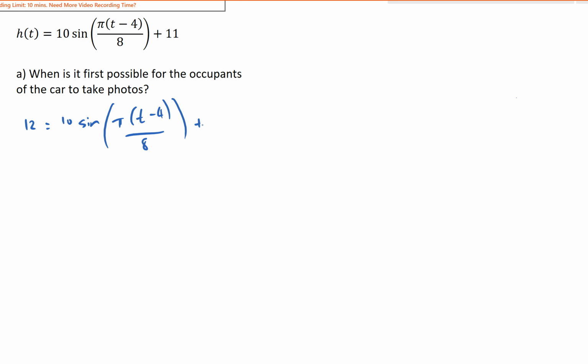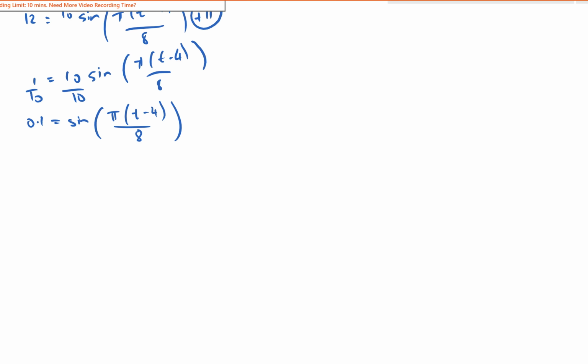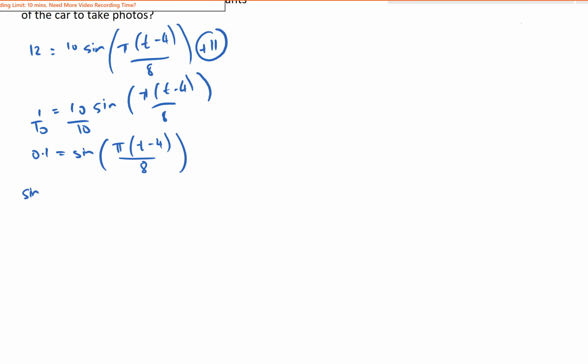Over 8 plus 11. To solve that, we're going to take off the 11 on both sides. Sorry, my handwriting's so terrible at the moment. I'll try and make it better. Then we're going to divide by 10. So 0.1 is sine of pi(t minus 4)/8. That's a bit better. From there, we need to take the inverse sine of that.